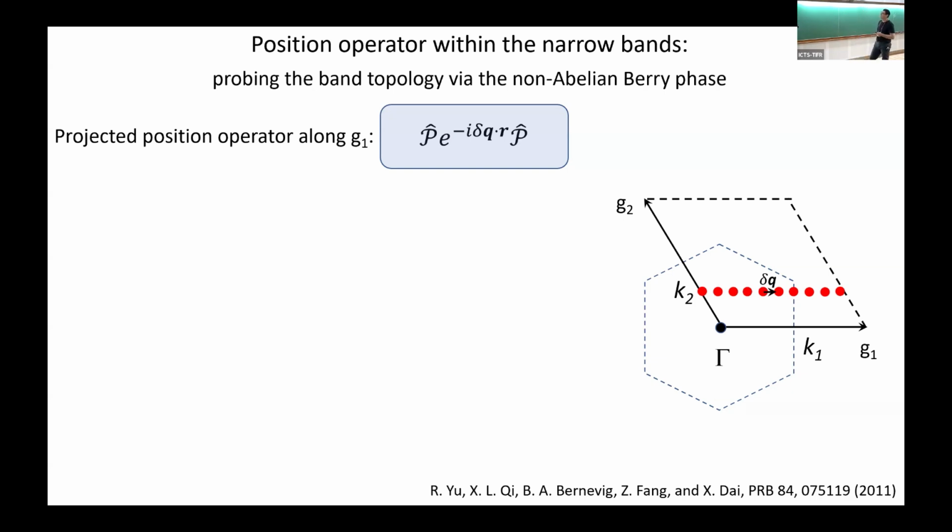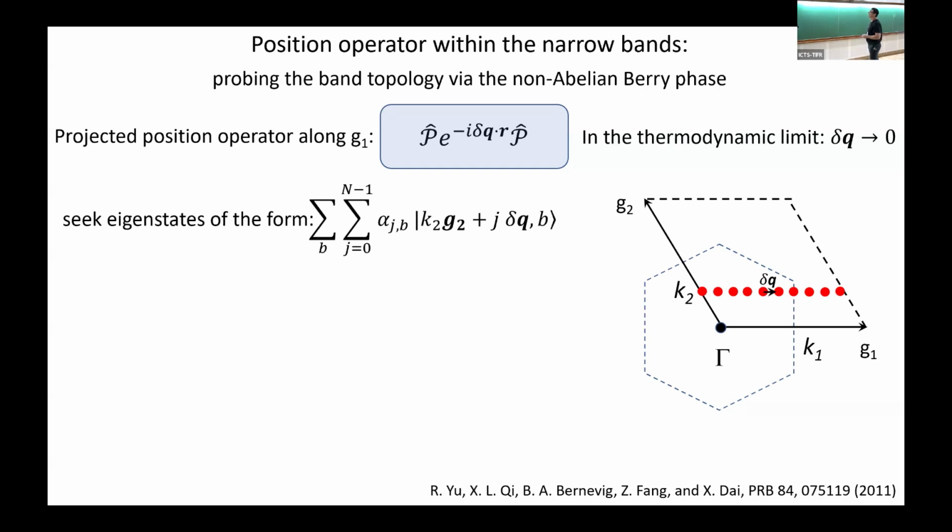In that case, what's going to happen is that this operator is going to mix Bloch states along this line, which are separated by delta Q. Okay, and it's not going to mix states along this G2 direction. So if we want to diagonalize this operator, we can, and of course, in the thermodynamic limit, we're going to be thinking about this delta Q as going to 0. So if we want to diagonalize this operator, we're going to seek eigenstates of this form. We're going to superimpose Bloch states along this direction.